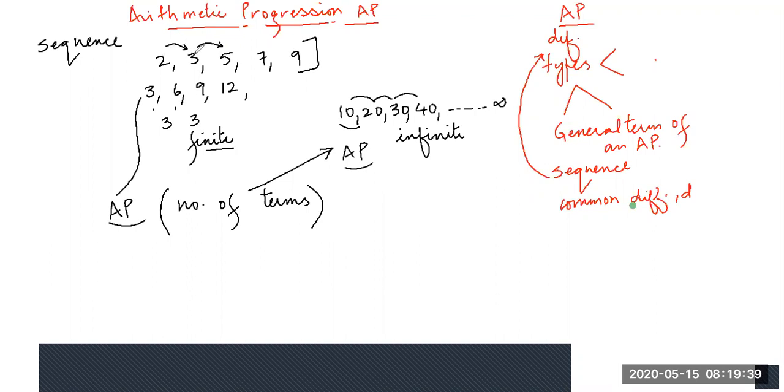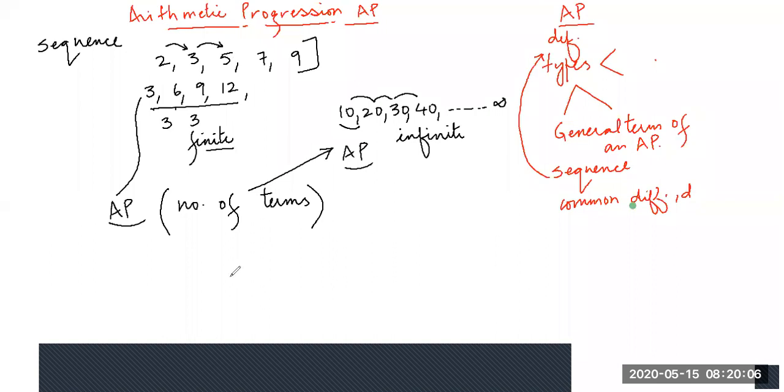You add that number to the second, you get the third. You add that number to the third, you get the fourth. In this sequence particularly, that definition is not there. But in these two sequences, that definition is there. So this is just a sequence. But these sequences are known as arithmetic progression. Arithmetic relates to arithmetic and it's progressing in a certain defined fashion.